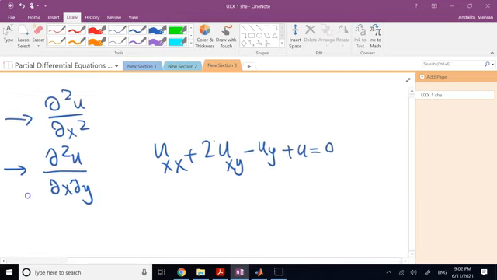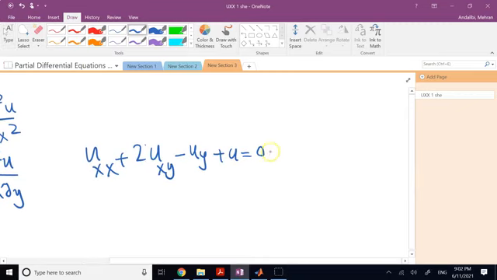The other thing is homogeneous versus non-homogeneous. If there is any function of only the two or three or whatever independent variables that you have, here the independent variables are x and y, but it could have more than x and y, it could have t and more than that. If only the terms in the equation are the function and its derivatives, without any function of those independent variables, then we call it homogeneous.